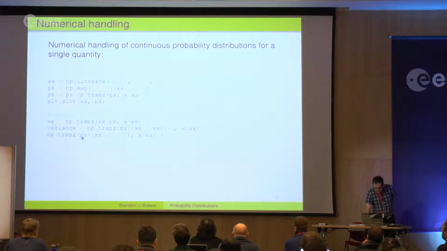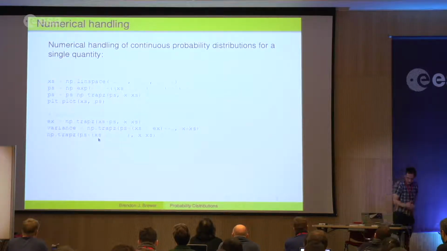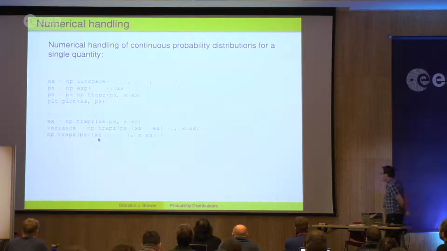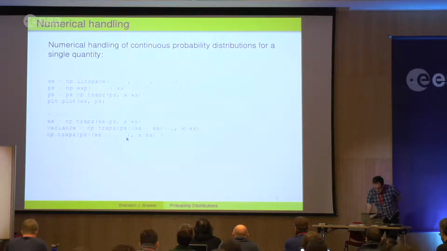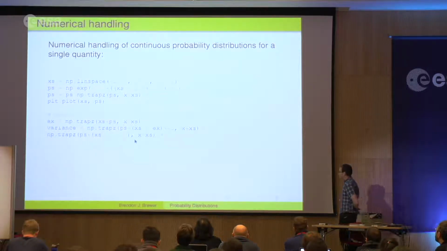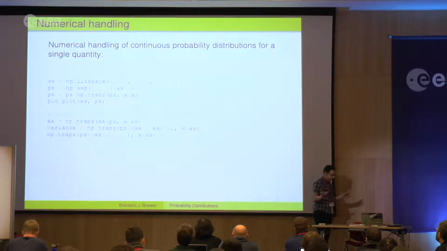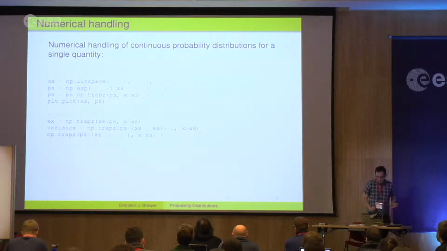If I tried to do p's and then take the subset with square brackets where the x's are greater than or equal to 5, then the trapezoidal rule would complain because I would have a subset of the p's which would have some length, and I would have the x's with the full length of that vector, which is annoying. I would have two vectors of different lengths, and it would be trying to do the trapezoidal rule with it, and it would complain.